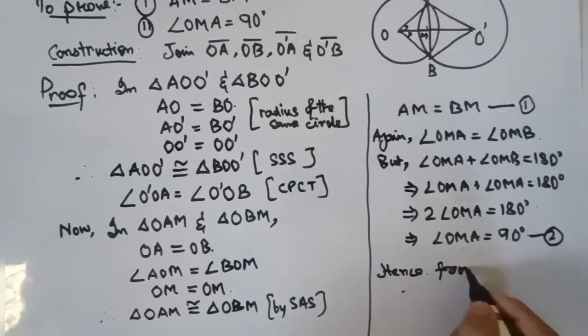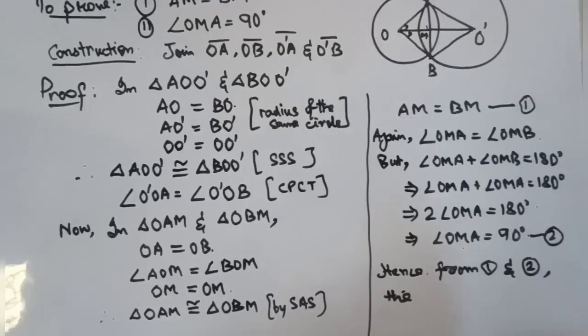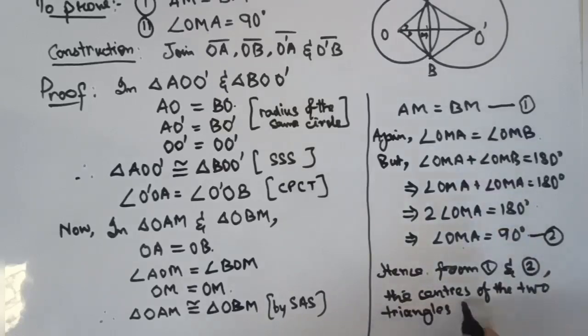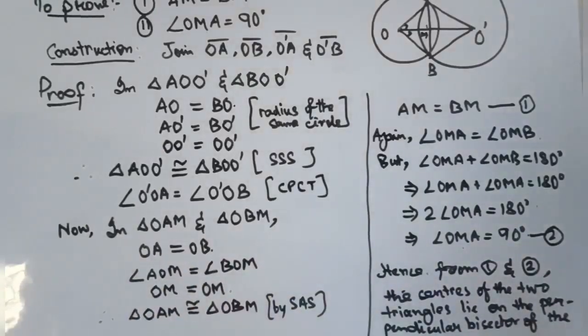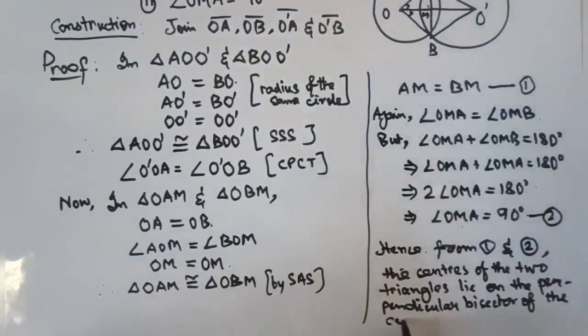Hence from 1 and 2 we can say that the centers of the two circles lie on the perpendicular bisector of the common chord AB, the common chord of both the circles. Hence proved.